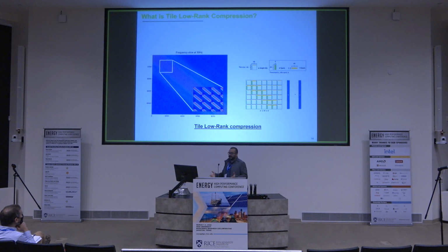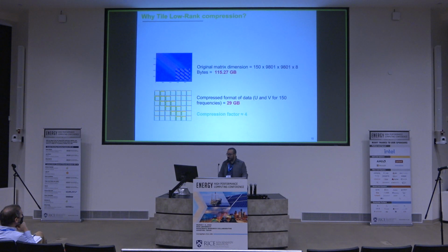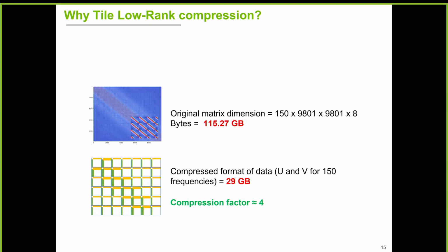And now the whole idea is to perform our matrix vector multiplication by using those U and V bases. In terms of compression, there is a huge gain here just by approximating up to a certain accuracy that we know delivers an SNR very close to what the dense MVM would provide. And just by doing the compression, we already get a 4x reduction in memory footprint.